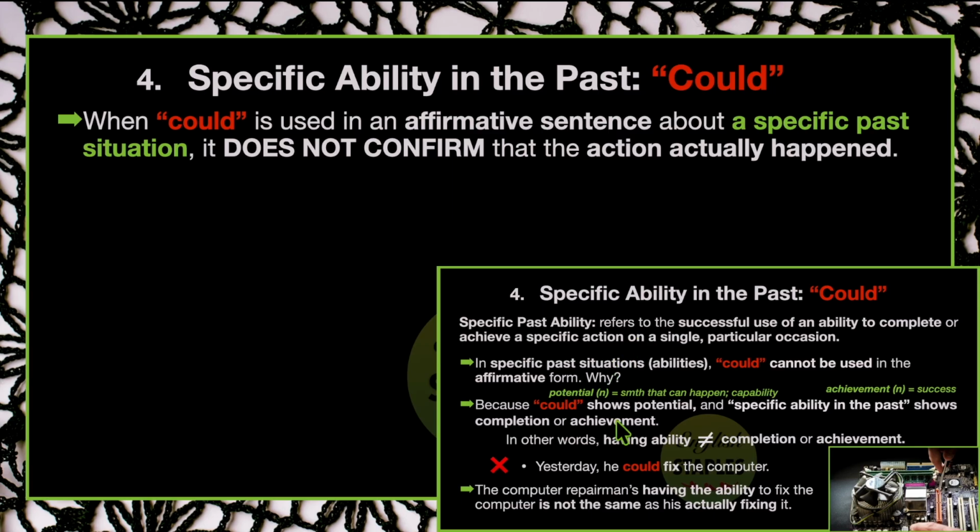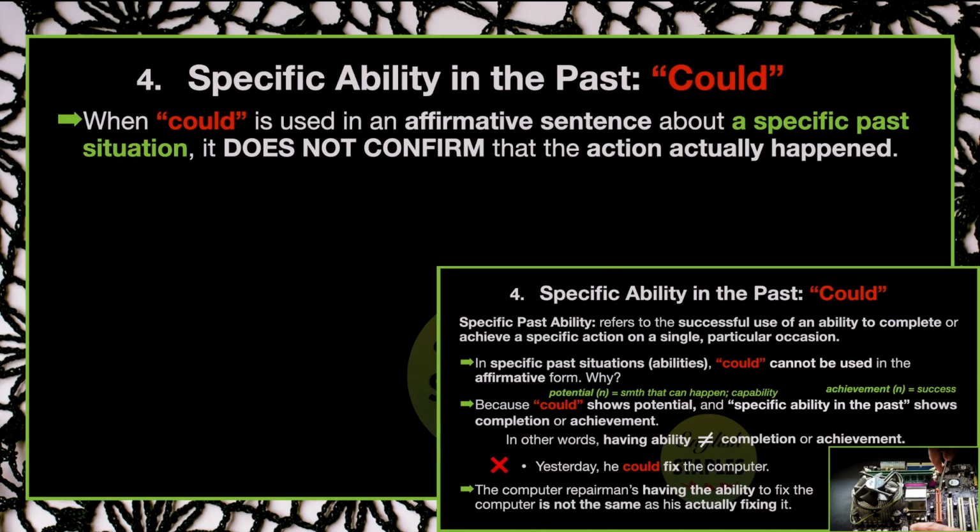I keep the notes from the last few points that we made here, just for easy reference as we continue speaking about specific abilities in the past with could. When could is used in an affirmative sentence about a specific past situation, like we saw here, it does not confirm that the action actually happened.